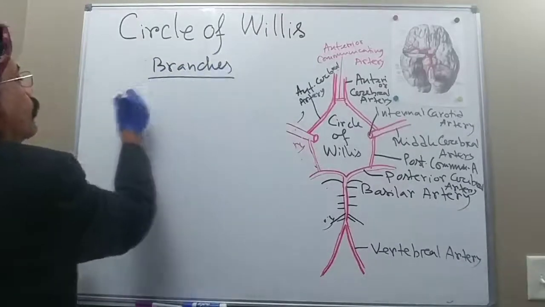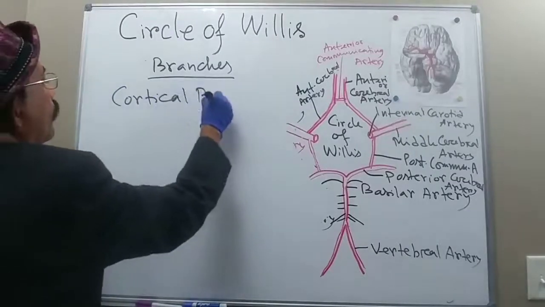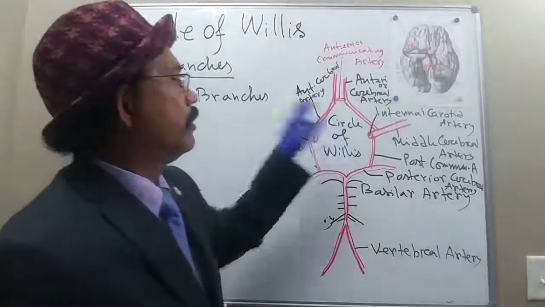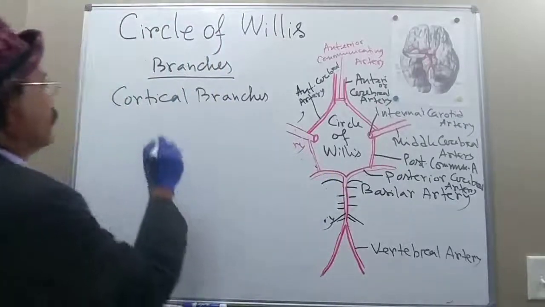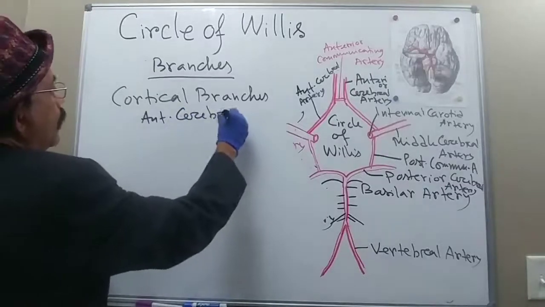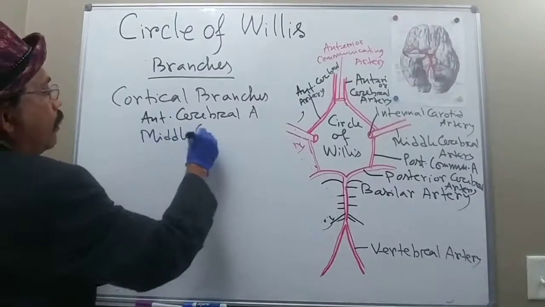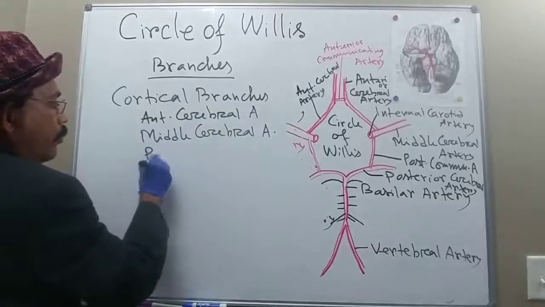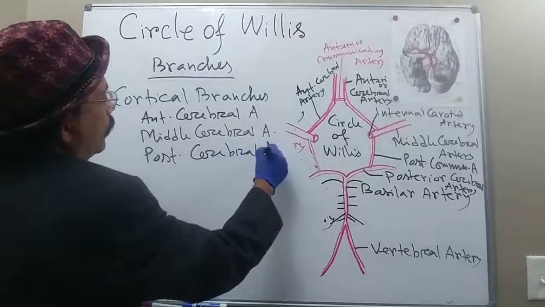The cortical branches are like the anterior cerebral artery, middle cerebral artery, and posterior cerebral artery.